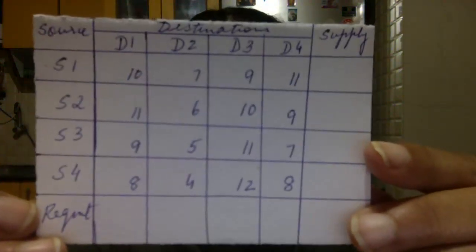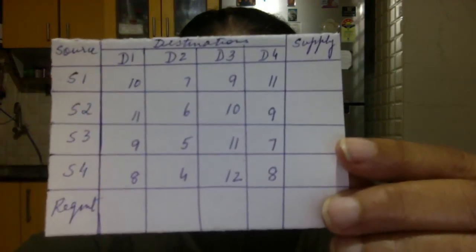Okay, last one 11, 9, 7, 8. So I have given, these are all the costs. I have given all the costs.